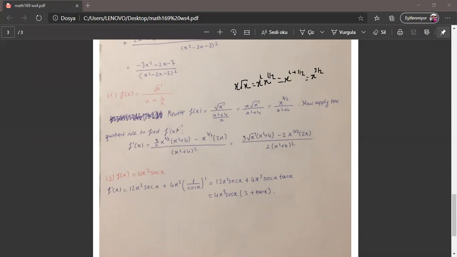So how do we derive? Again, we apply the quotient rule as with this function. This is the first function and this is the second function, okay.